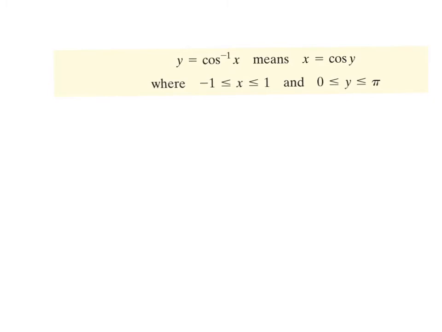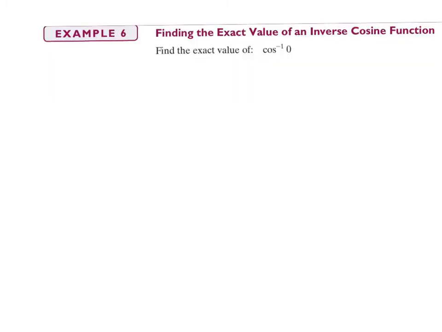Y equals cosine inverse of x means the same as x equals cosine of y. And the domain for cosine inverse is just from -1 to 1. And the range for cosine inverse is from 0 to pi. So, the exact value of cosine inverse of 0, which is what we're asked to find in example 6.